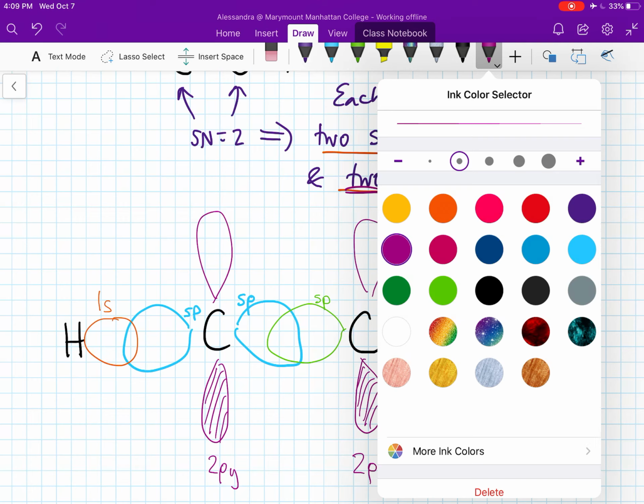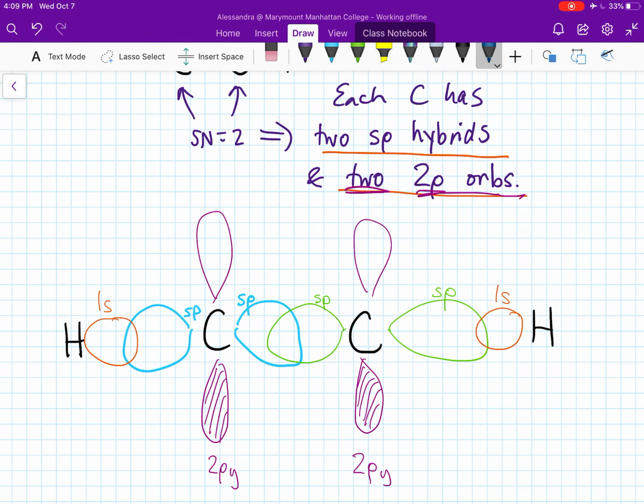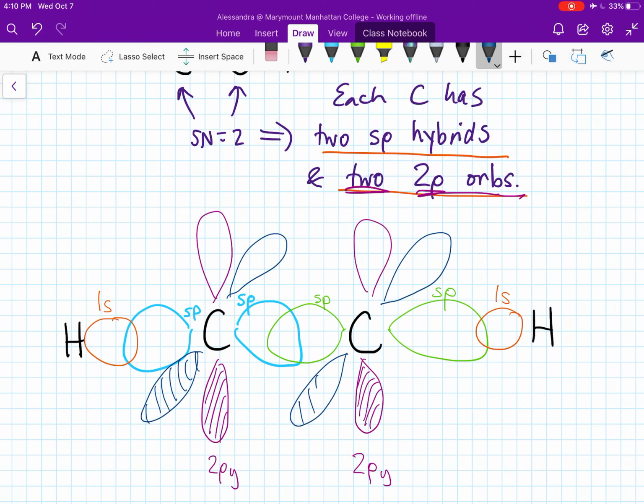So let's draw those. I'm going to pick yet another color. My drawing's getting pretty complicated now, to draw yet another set of dumbbells. Imagine this lobe going back into the screen and this lobe coming right out towards you. I'm going to label those 2pz, along the z-axis in 3-dimensional Cartesian coordinates.